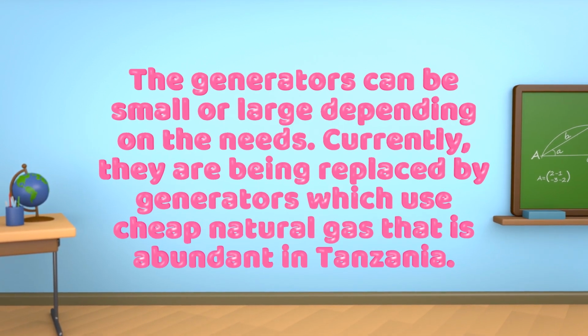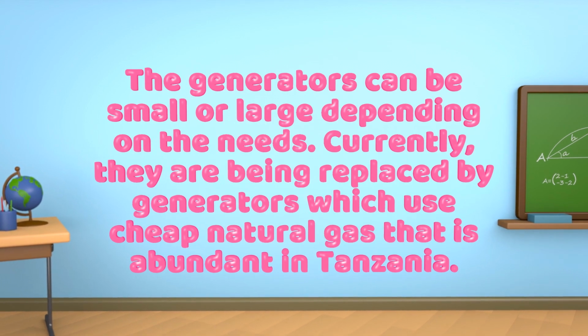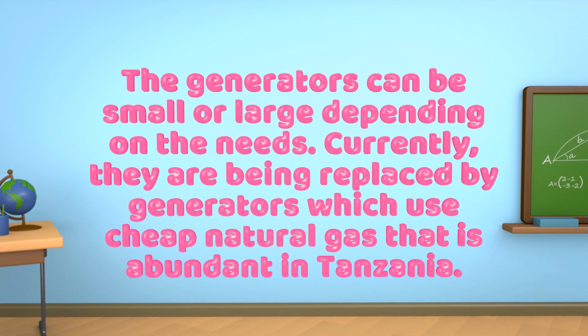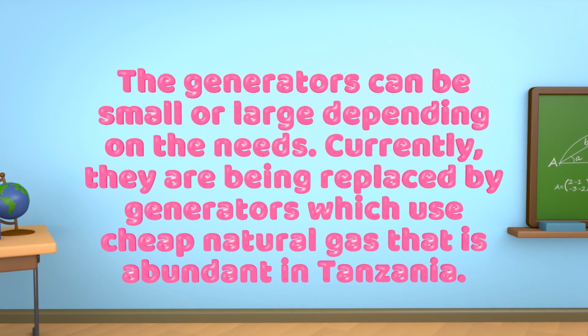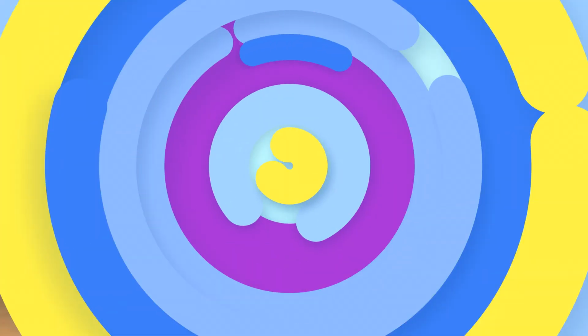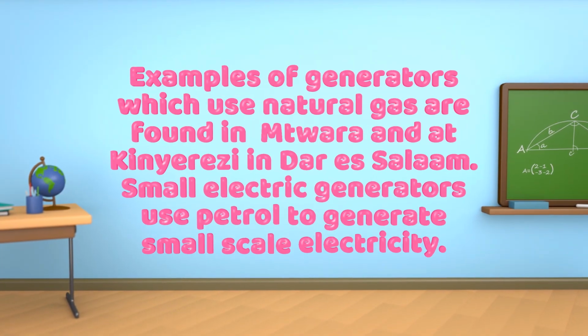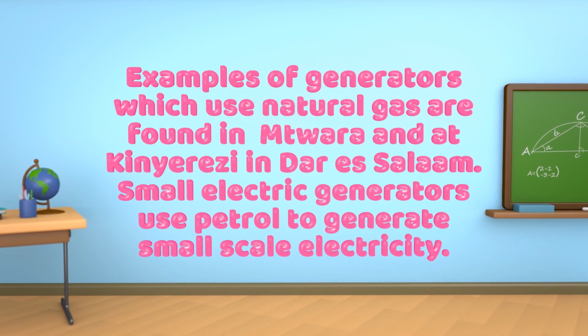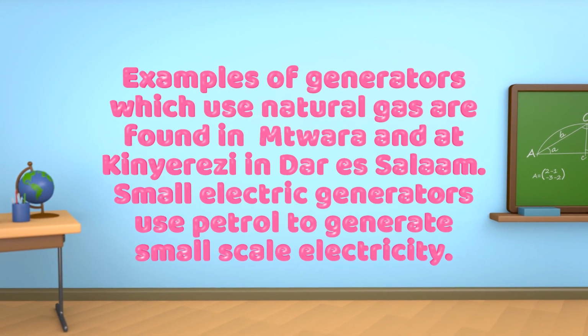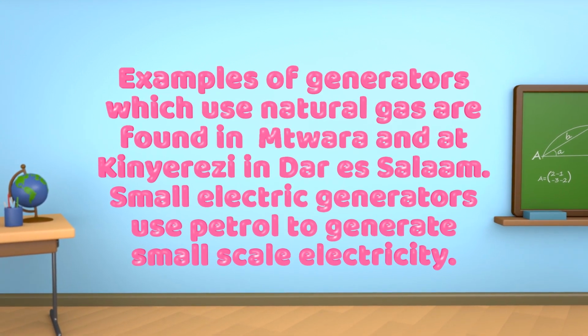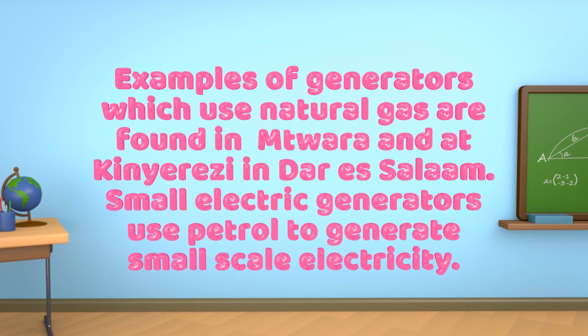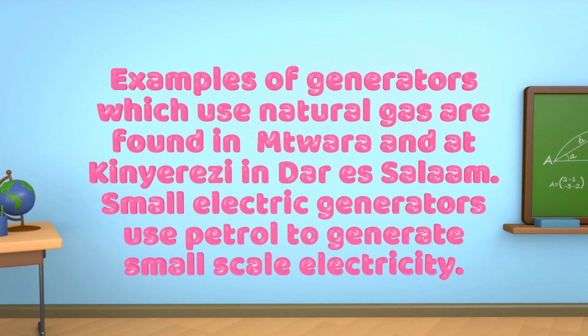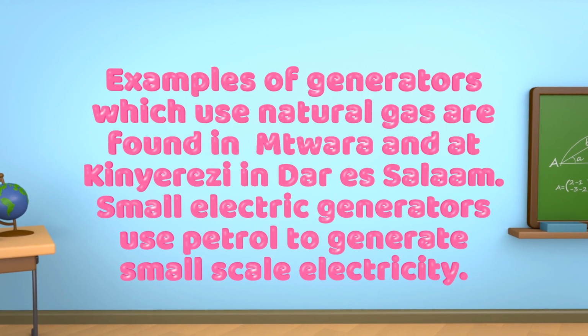Currently, they are being replaced by generators which use cheap natural gas that is abundant in Tanzania. Examples of generators which use natural gas are found in Mtwara and at Kinyerezi in Dar es Salaam. Small electric generators use petrol to generate small-scale electricity.